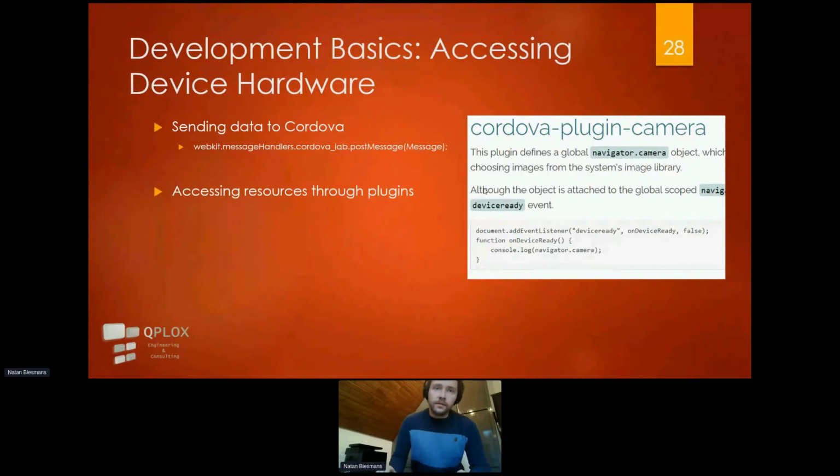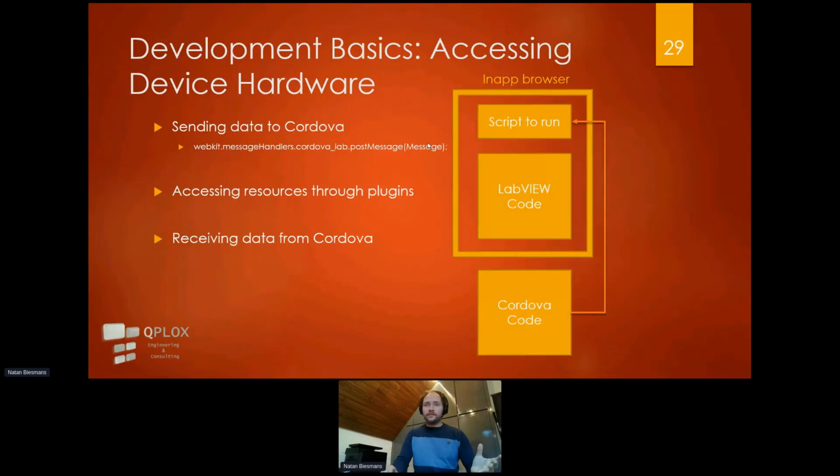Accessing resources, like I said, you can already do that through plugins. For example, here I have a little example of the Cordova camera plugin. All you have to do is call that through the code, for example, through the message telling Cordova to start using the plugin, or take a picture. And then once you have data available, send it back to the in-app browser to the LabVIEW code.